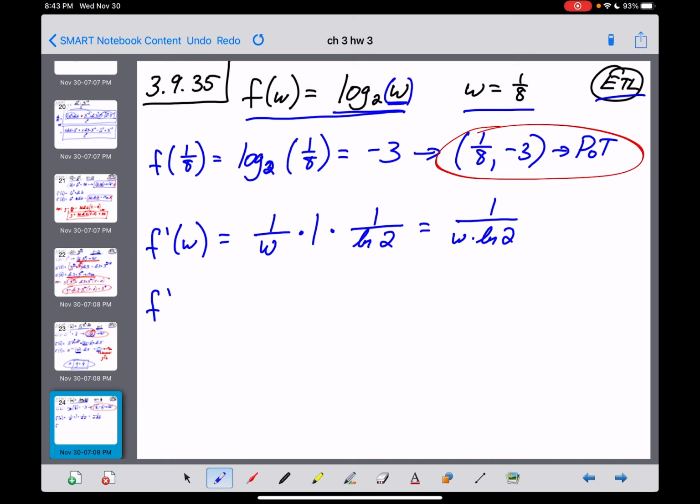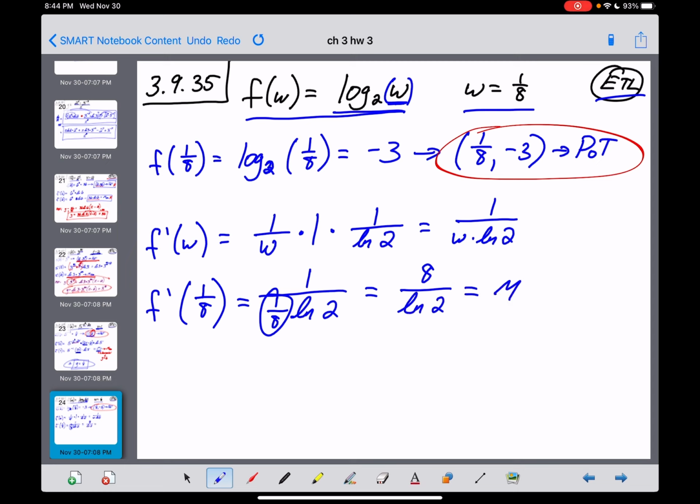And so we're now going to evaluate F prime at this W value of 1/8. So that's a 1 over, weird complex fraction, 1/8 times the natural log of 2. Well, that 1/8 in the denominator, I would just multiply by its reciprocal. That would become an 8 on top and make that 8 over the natural log of 2. And that right there is the slope of our tangent line.